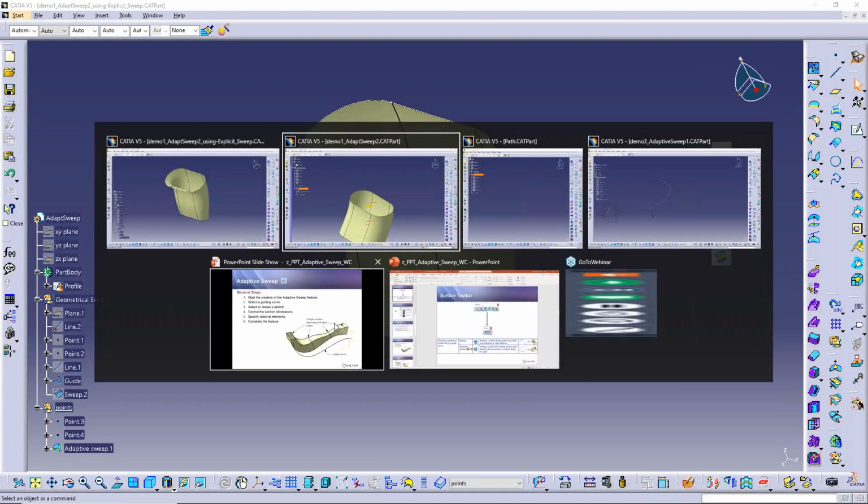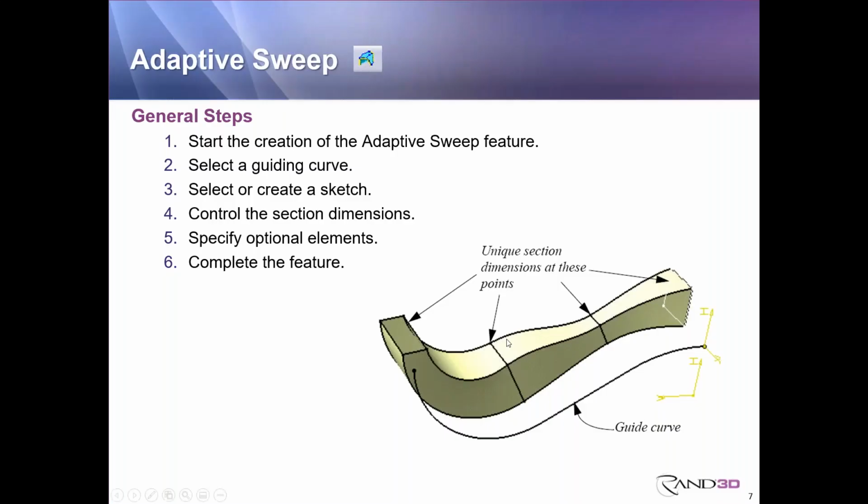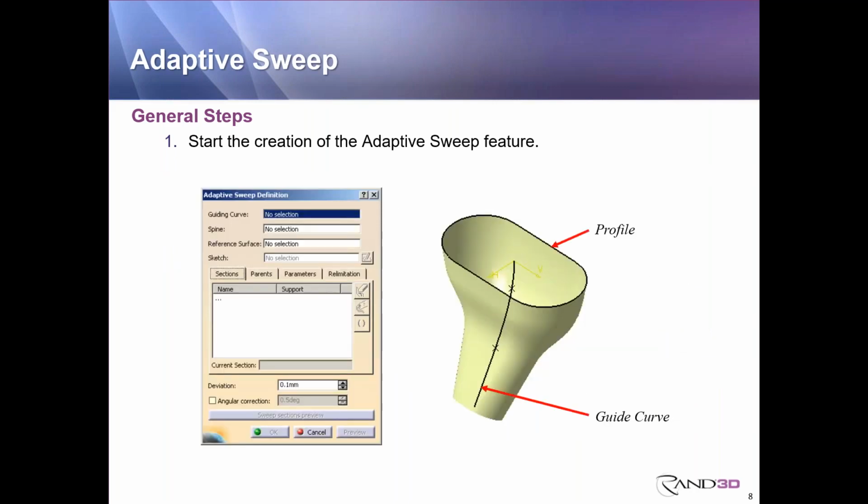We'll go back to the images of the information once again, just to make sure that we put in words all of the steps that we went through to make what we saw happen. So first and foremost, we did click on the adaptive sweep tool. And from there, we launched the adaptive sweep definition box.